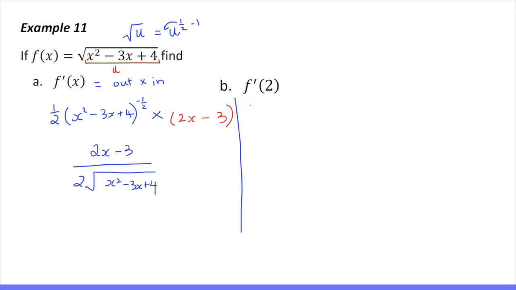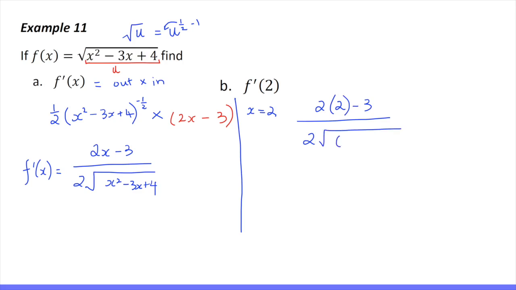Now for part B, all I have to do is substitute in x is equal to 2 into my derivative function. Two squared is 4. 3 times 2 is 6 plus 4.